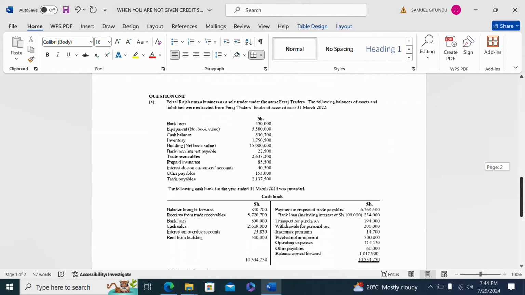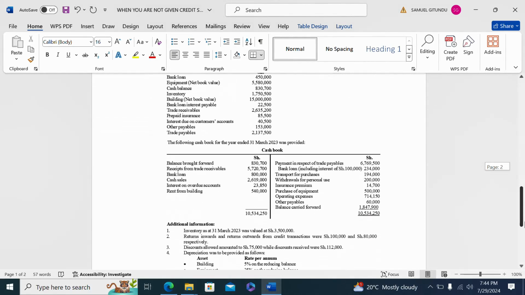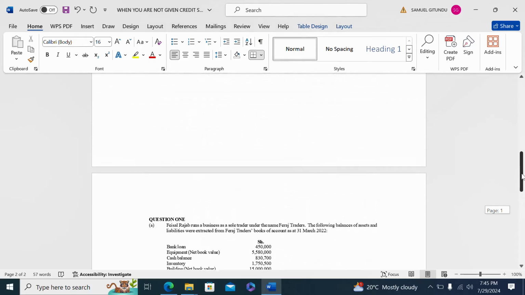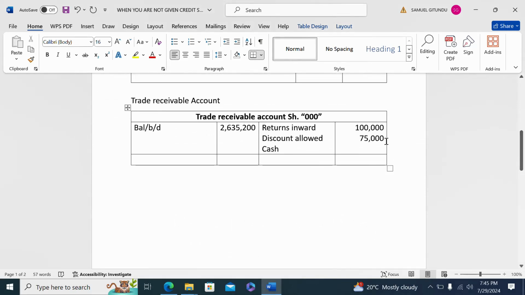Then we come to our question and find out the amount of cash received from the trade receivables, or they are also called the debtors, which amounted to 5,720,700. So I come here and write 5,720,700.